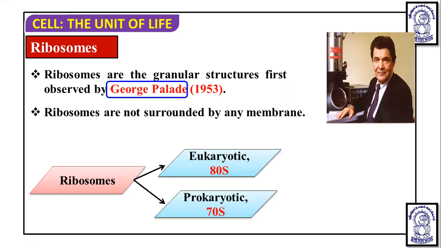Now we remember this 80S ribosome, specifically, is found in the cytoplasm of the eukaryotic cell, obviously.